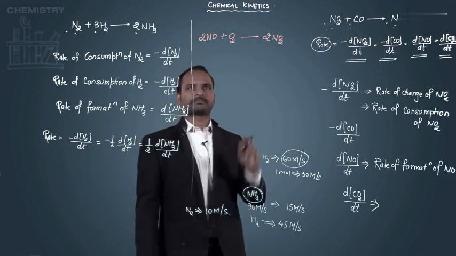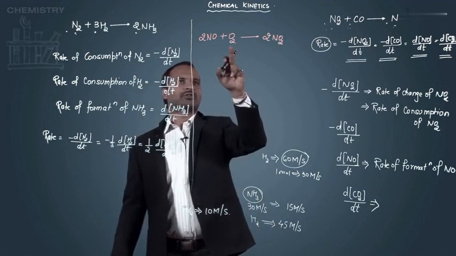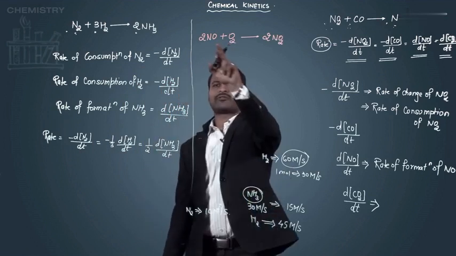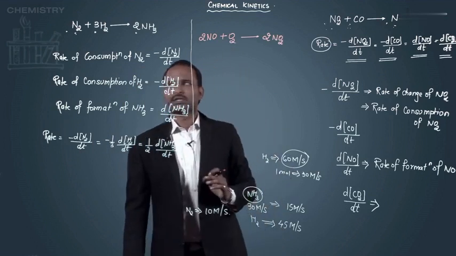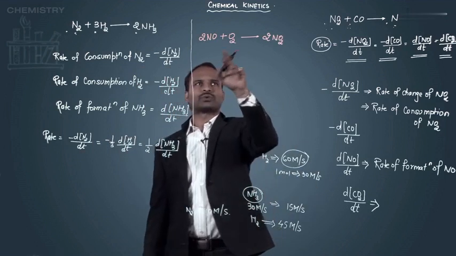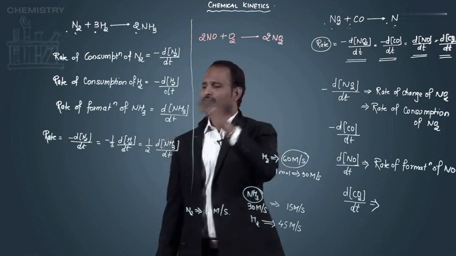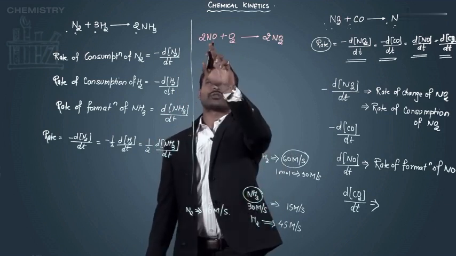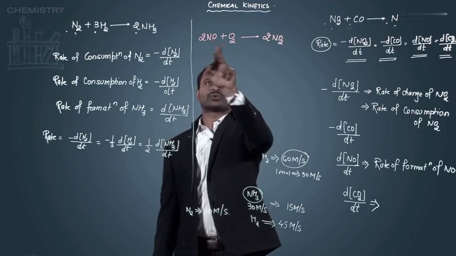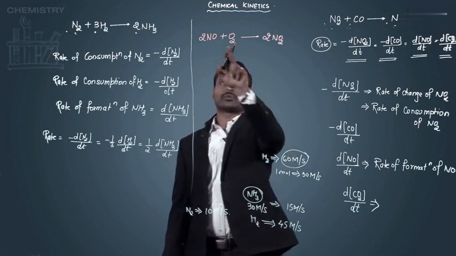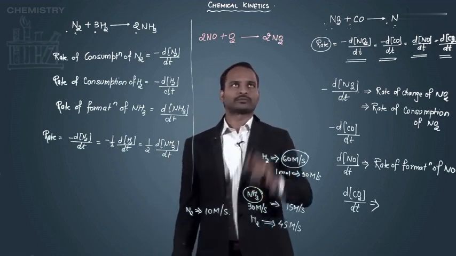Again, the consumption of oxygen is for 1 mole and NO is 2 moles, so the consumption of oxygen is half of the consumption of NO. We should note that answering directly like this will help us in MCQs without writing all those formulas. So what is the relation between the rate of consumption of NO and O2? It is 2:1, meaning the rate of consumption of oxygen is half of the rate of consumption of NO.